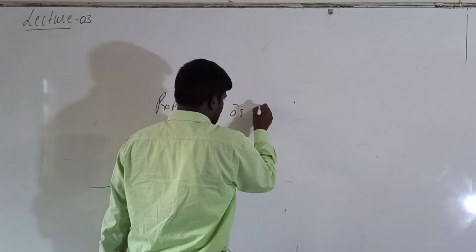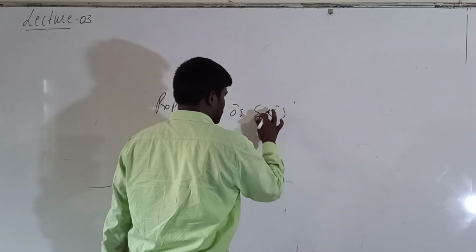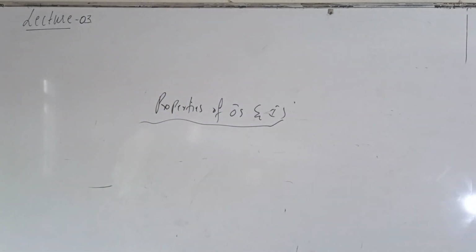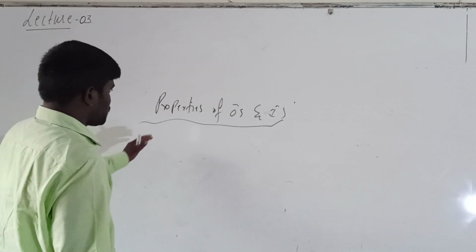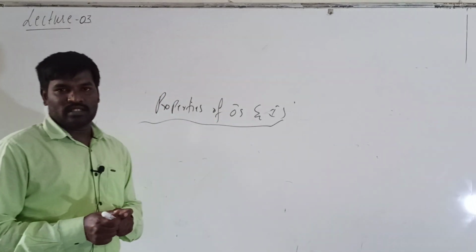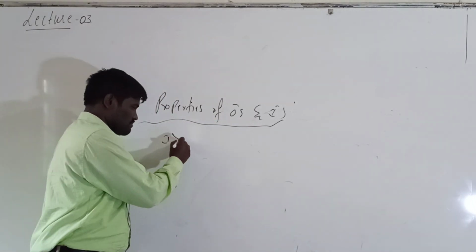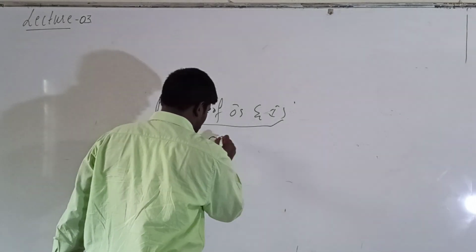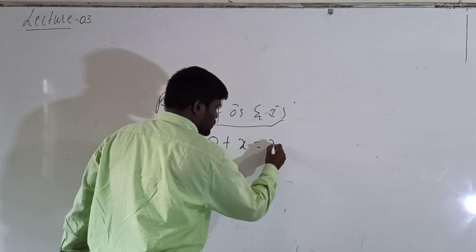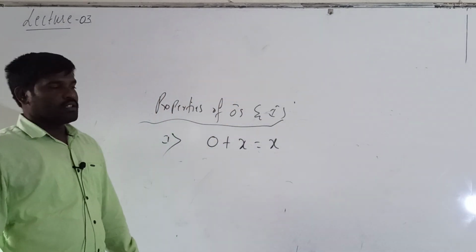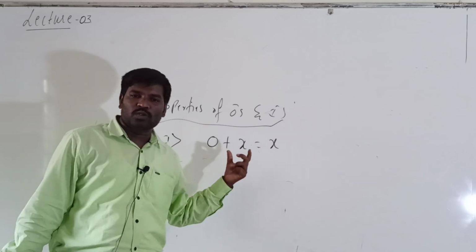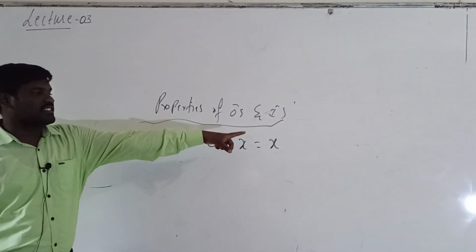So the first one is 0 plus x is equal to x.